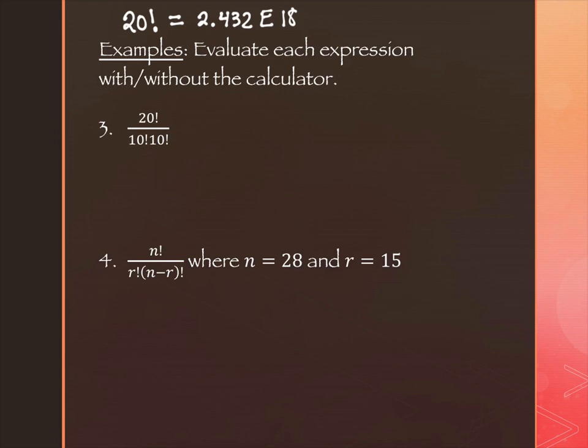Because it's got limited space across its screen. There's only so many places it can list out before it loses the ability to list them all. So that's not good, because it's abbreviating and not listing them all. So we need another way to handle this to get an exact answer.